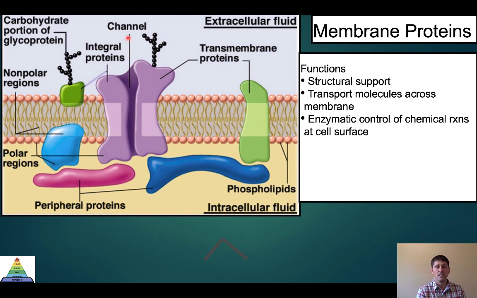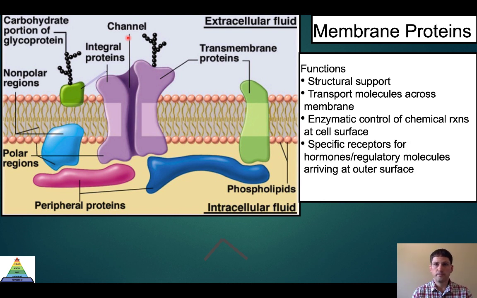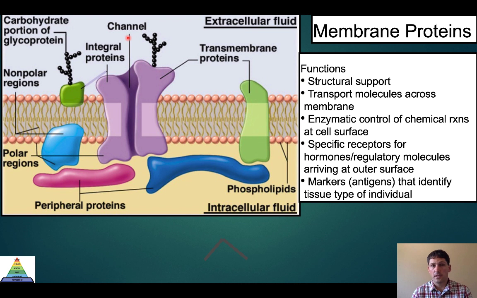They can cause chemical reactions with other substances that they interact with. And they have receptors for various molecules or hormones, and those are going to trigger some kind of intracellular process. Okay? And then last, they also act as markers. So they help our cells identify themselves as self, or identify to the rest of the body who they are, what they do.